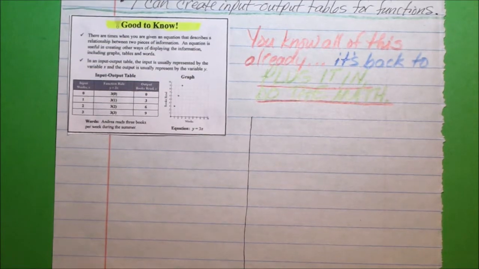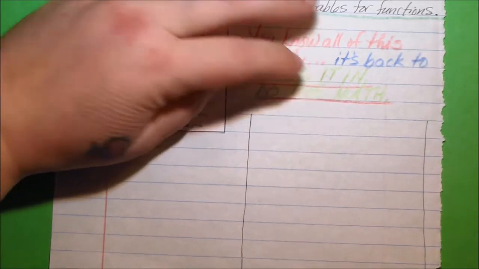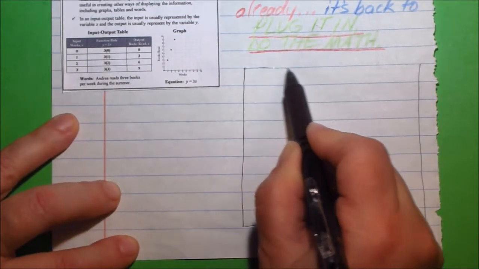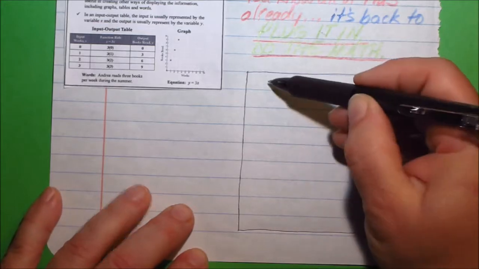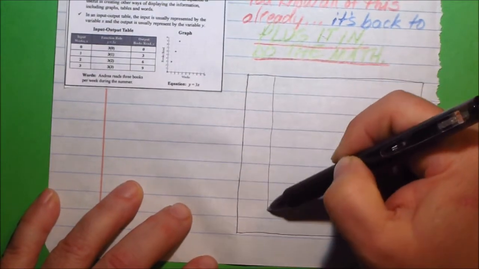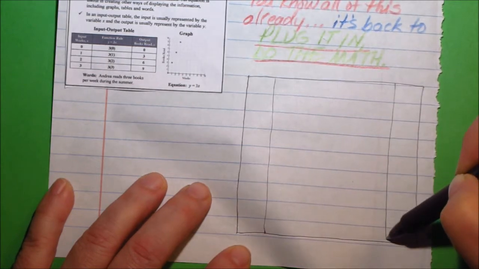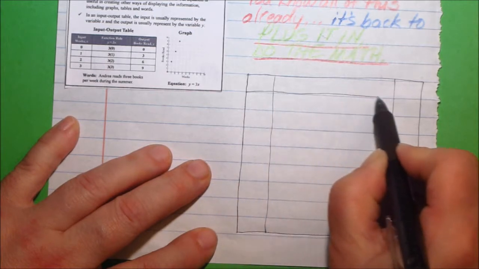I'm going to go all the way over to here and back up here again, and across here. Then I'm going to have a column here and about an equally wide column over there.